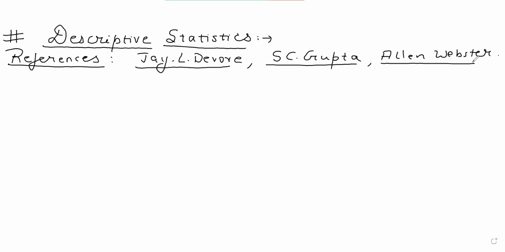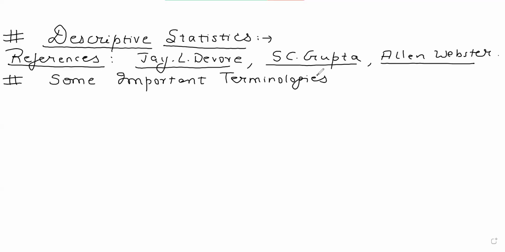Now, first of all, let's look at some important terminologies which we are going to face in the coming lectures. So students should be made aware about some important terminologies. Let's first of all understand what is meant by a population.